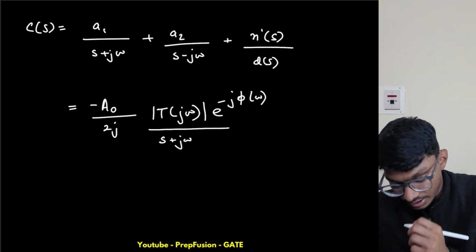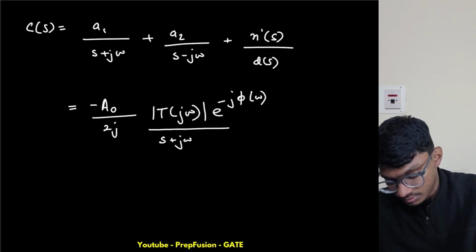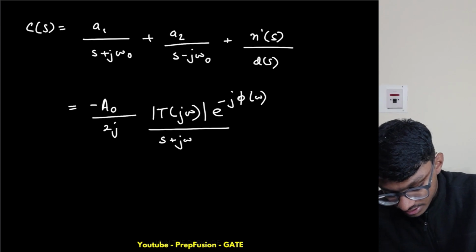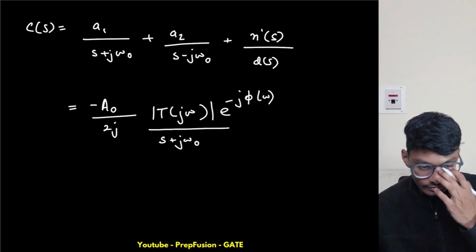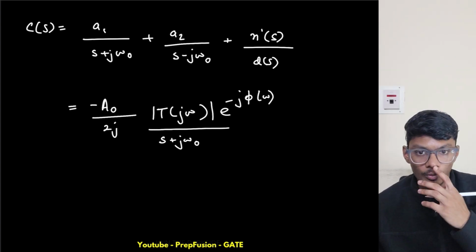I think I should write this one as omega naught, else this will be very difficult. My mistake. I will replace all of this with omega naught, else you will really get confused. Omega naught is some fixed frequency. In sinusoidal response we vary the frequency, that's why omega is a variable.